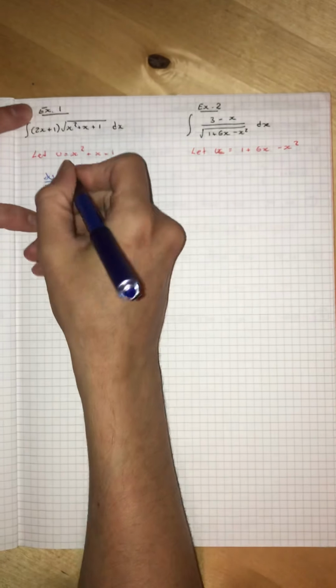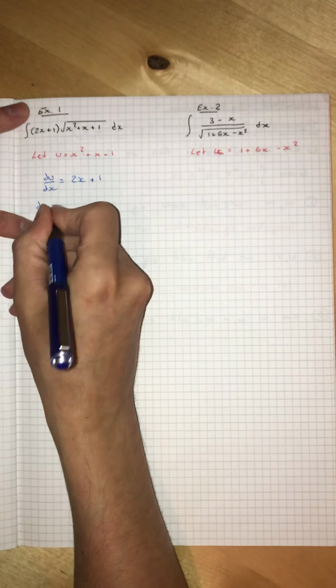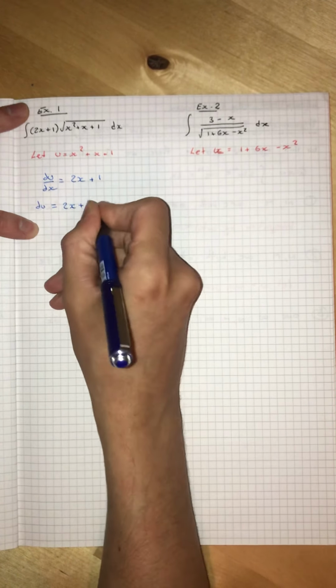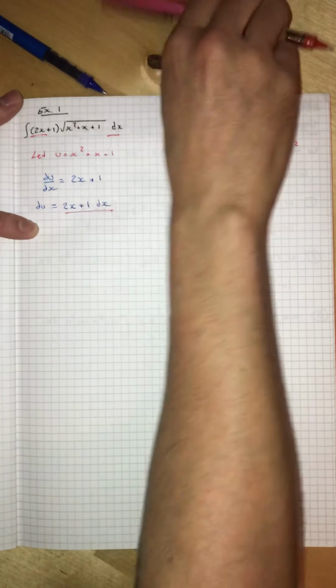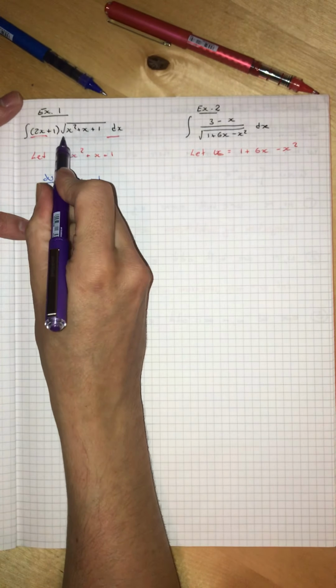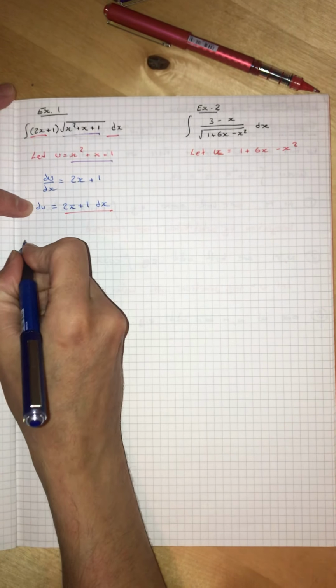So du by dx would equal 2x + 1, so du would equal (2x + 1) dx. So we've got (2x + 1) dx, and we've got x^2 + x + 1, so everything has been taken into consideration.